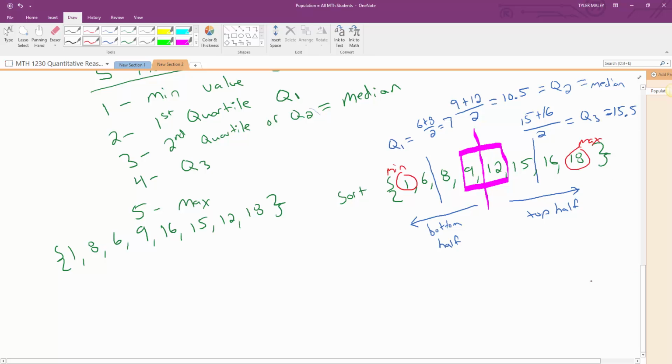So then to draw a box plot, I can just draw a number line. Let's start at 1, and we'll add 2 each time. So we'll do 1, 3, 5, 7, 9, 11, and so forth.